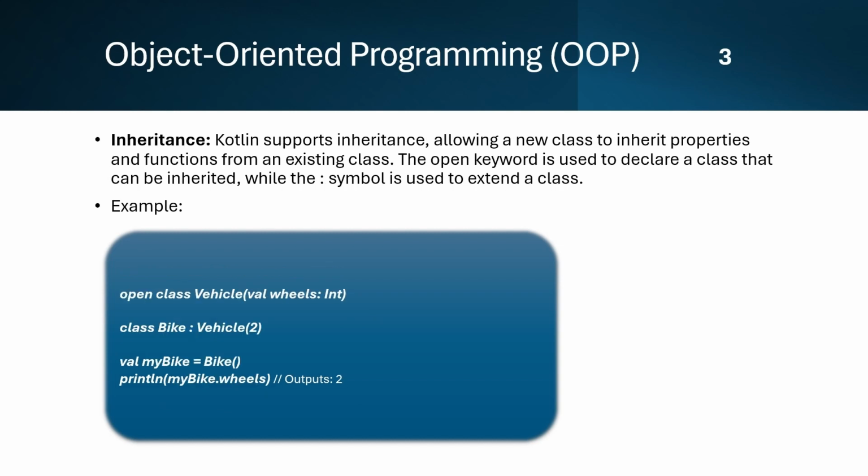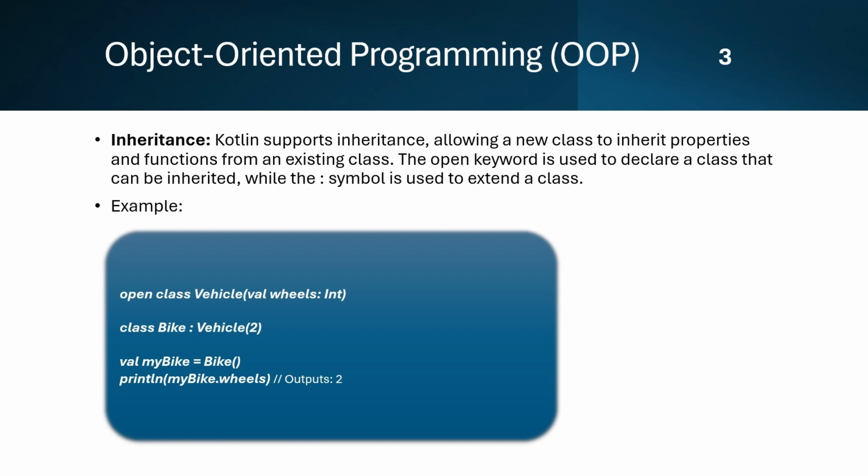The third concept is actually inheritance. In Kotlin, inheritance is basically allowing a new class to inherit properties and functions from an already existing class. Here we use the open keyword before the class keyword to declare a class that can be inherited, while we use the colon symbol to extend the other class.